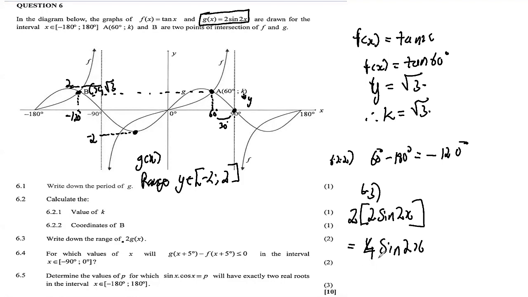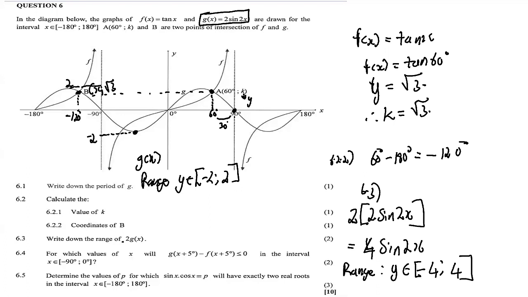Now, if we have our equation as 4 sine 2x, and then we saw what the 2 did here, the 2 made our range to be -2 to 2. So if we have 4, it is obvious that our new range now will be what? Y, element of, so just this -2 multiplied by 2, that's -4, and then +2 multiplied by 2, that's +4.